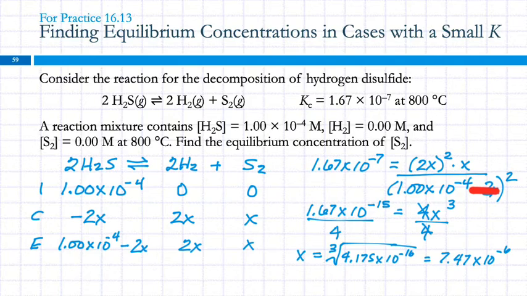Just to confirm, under 2x, it's 2x because of the coefficient 2. And then over on the top right, it's 2x squared, because of the squared coefficient also 2.